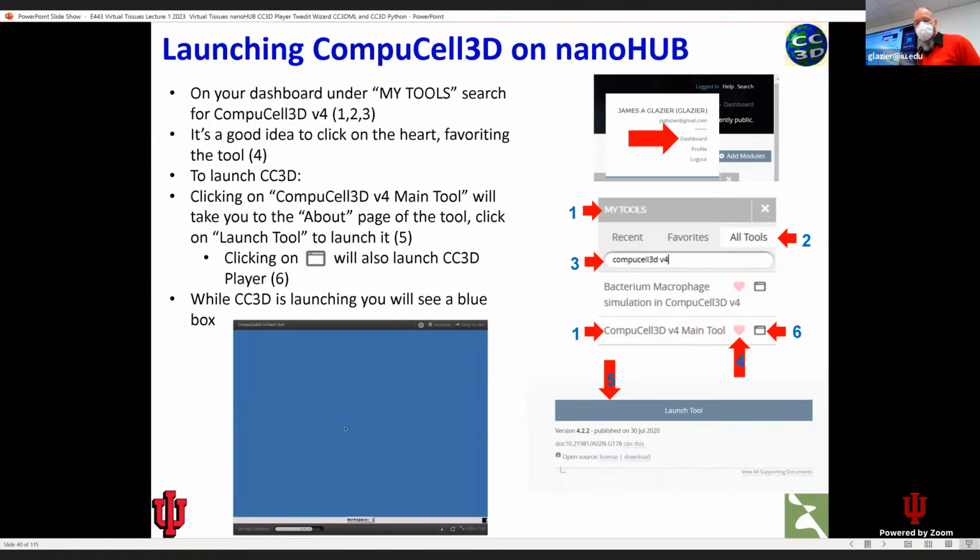Okay, so did everybody find CompuCell? There is an old version of CompuCell, so make sure it says CompuCell3D V4, not just CompuCell. Everybody got it? How about our online people? Can I get a thumbs up for people who have CompuCell running?